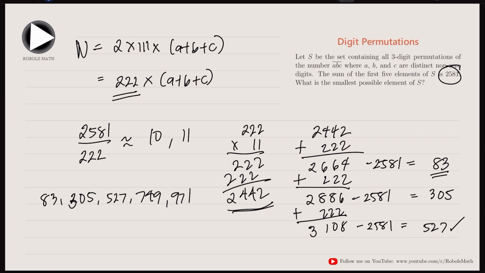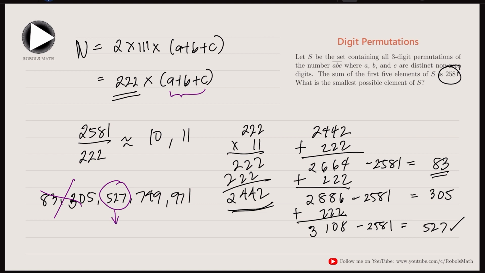These are the possible three-digit numbers. So the question now is, are all of these valid for the particular problem? The answer is not necessarily. To check if they are indeed valid, we have to check if the sum of the digits of each number is actually equal to the number that we multiply to 222.